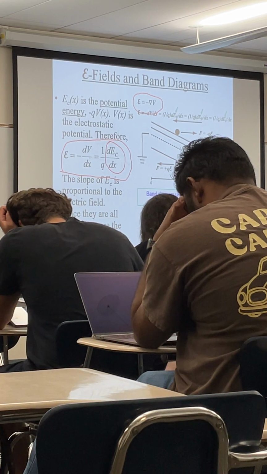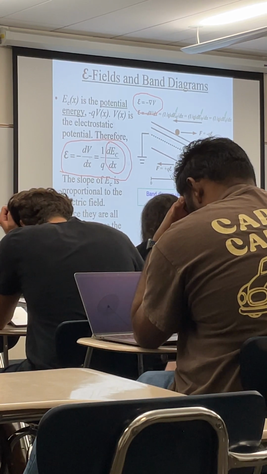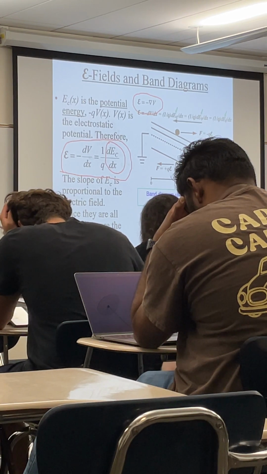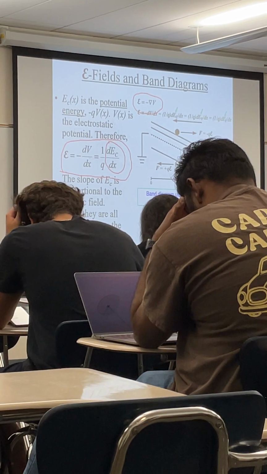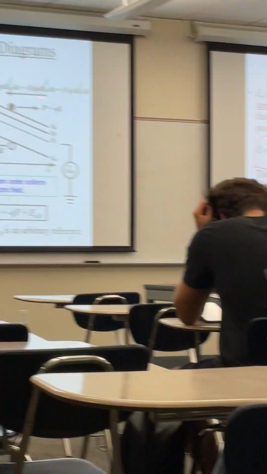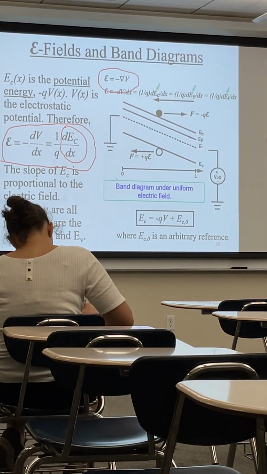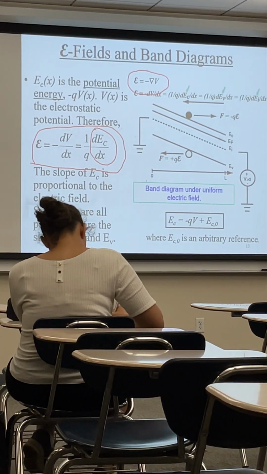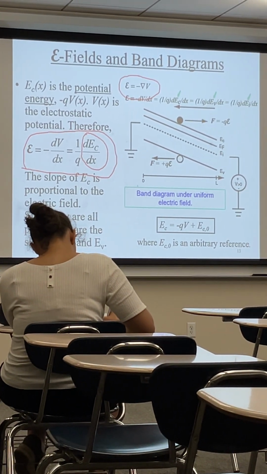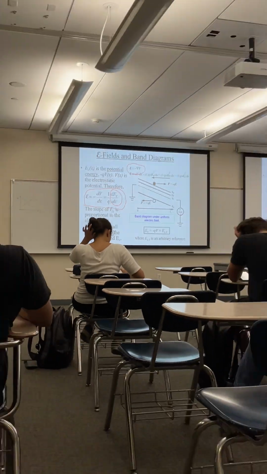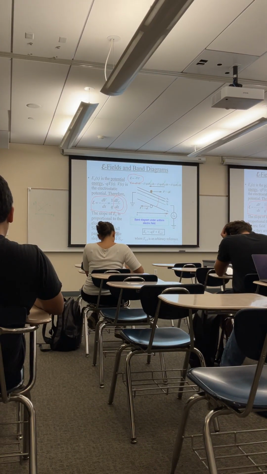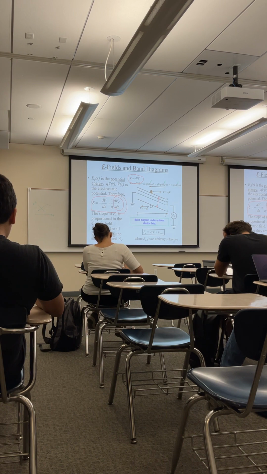In general, EC, Ei, and EV are always parallel with each other, so their slope will be the same. You can look at either one, because the band gap is always a constant for the same material.